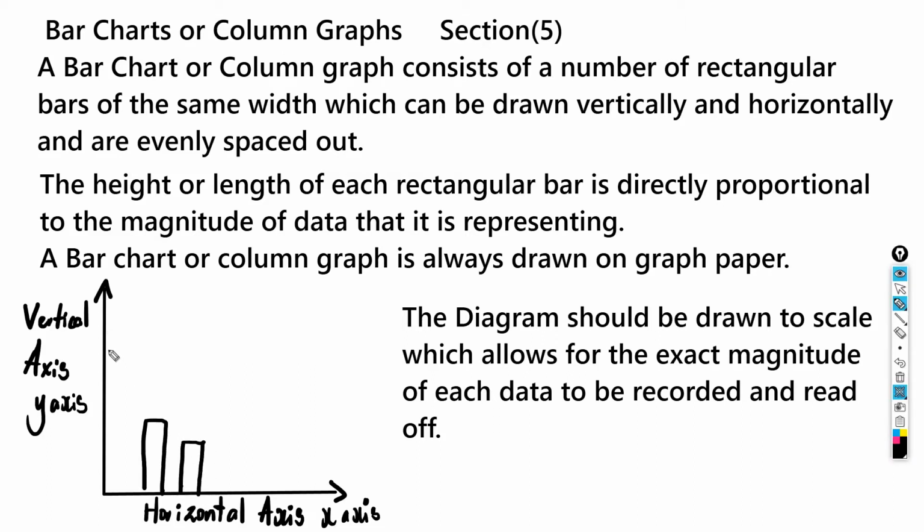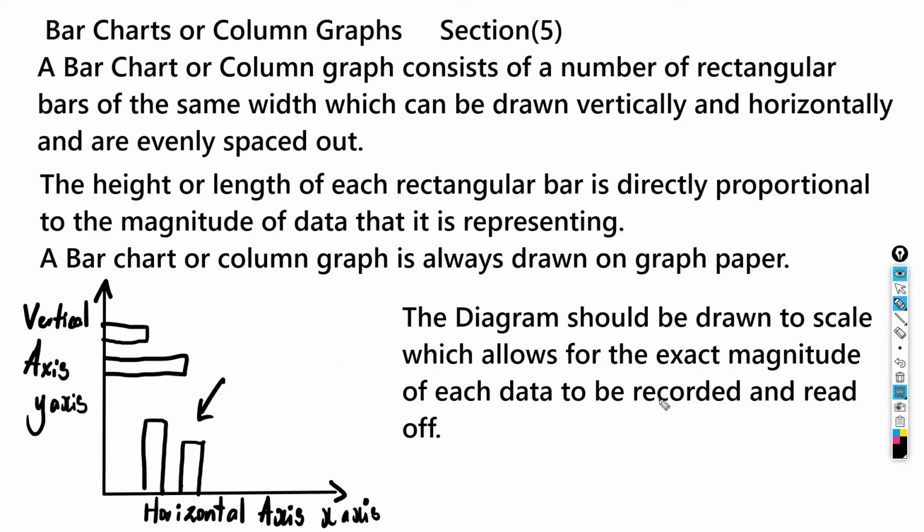Or you can draw it horizontally, which would be basically this way. Now, it really depends on how they ask you the question, guys, but most of the times you would do a vertical bar graph. You understand? Instead of a horizontal one.